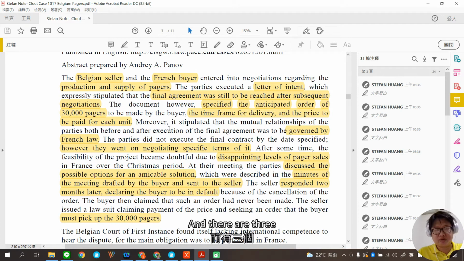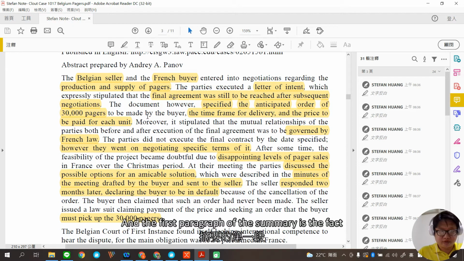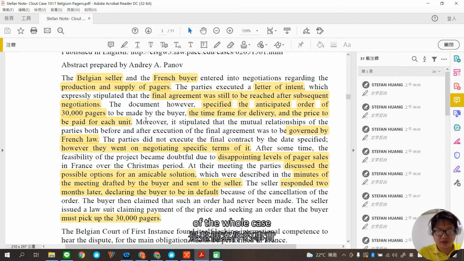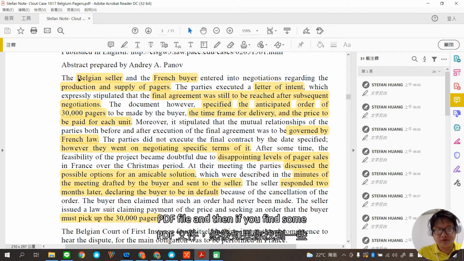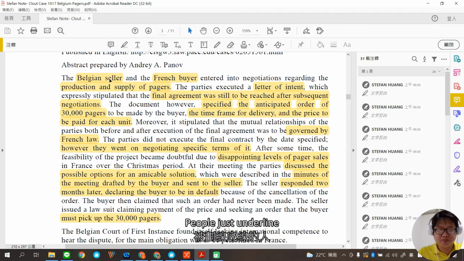Then there are three issues concerning this case. The first paragraph of the summary is the fact of the whole case. I would suggest that every student look into the PDF file, and if you find some key points, just underline.